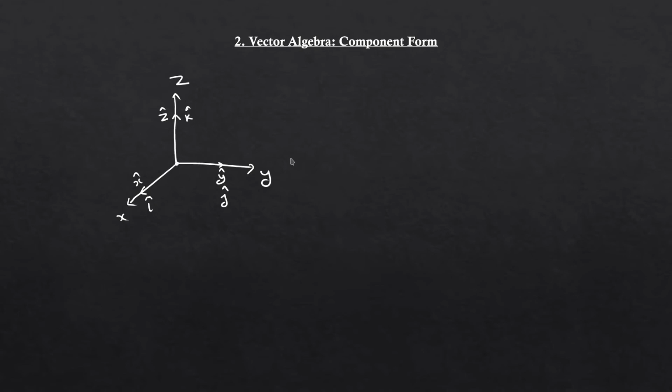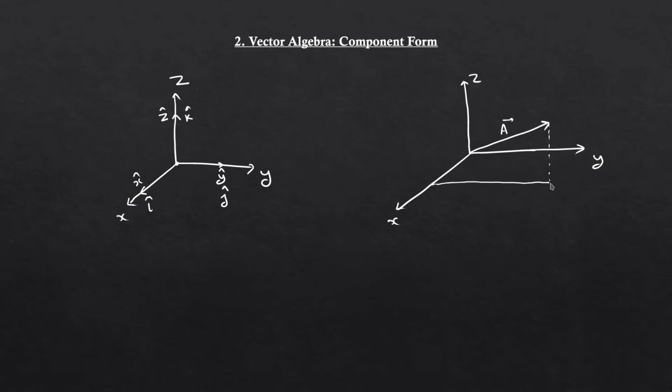Okay, so if we have the coordinate system Z, Y and X, and we are given a vector, a 3D vector in the XYZ plane, a vector A. Okay, so it will have a projection in the XY plane, and this will be the height of that.